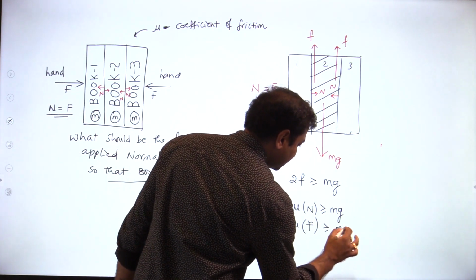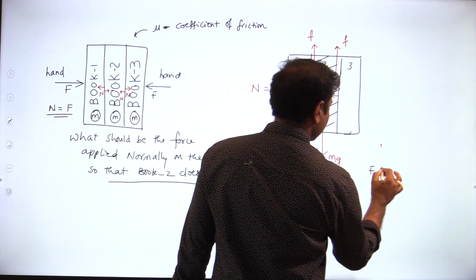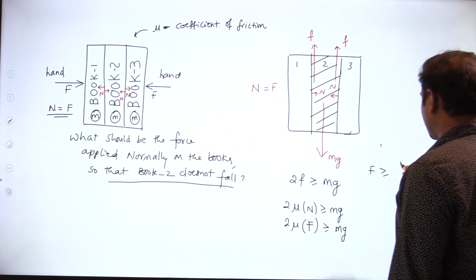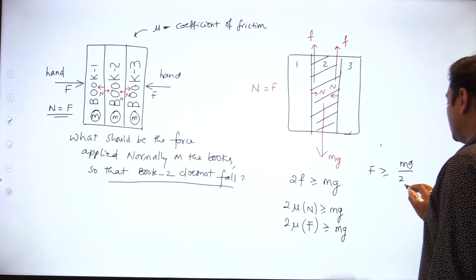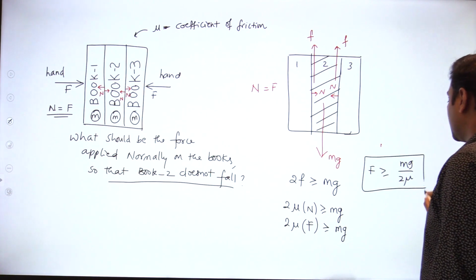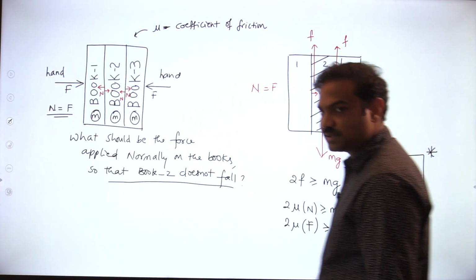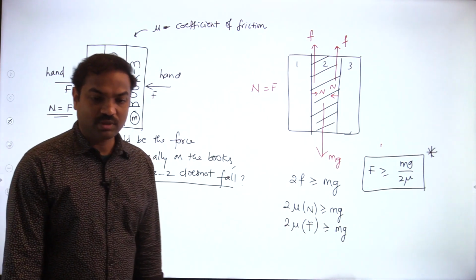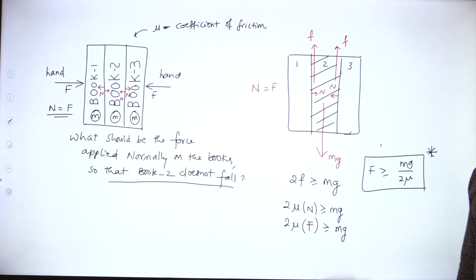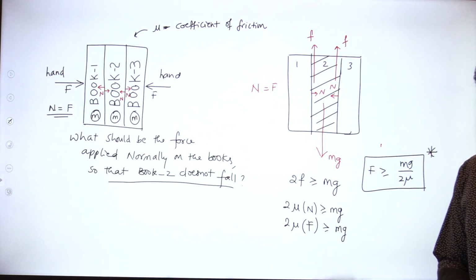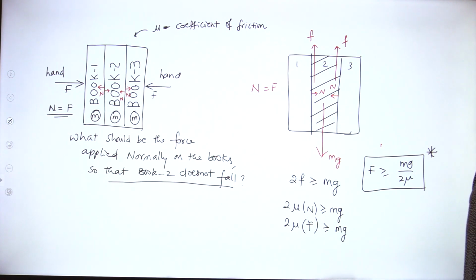It should be greater than or equal to mg by 2 mu. Whenever the force is more than this, the second book does not fall. The first and third books are held at rest. They are not slipping, that condition is already given. After that only you can go for the second book slipping condition.